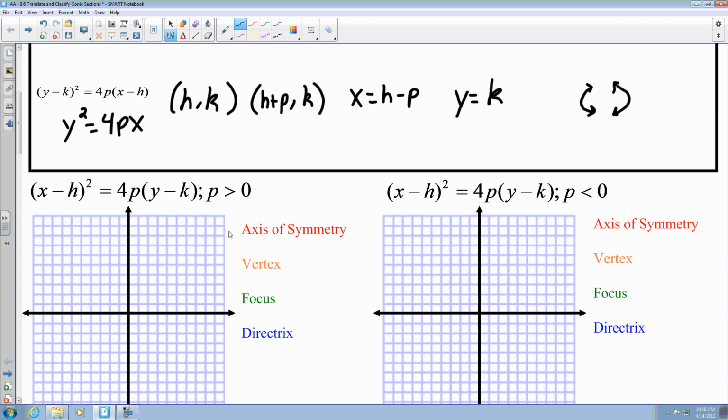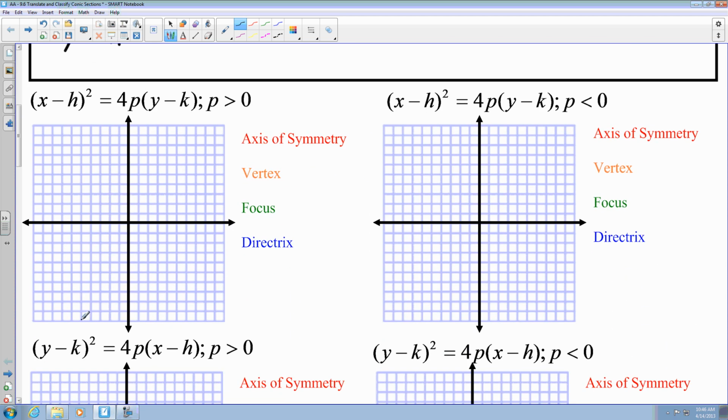And so if you were looking at these on the graph, say I positioned it here, it would look something like this. If this was at 1, 2, 3, 4, and then 1, 2, 3, the vertex is at 4, comma 3. So in this example it would be x minus 4 quantity squared equals 4p times y minus 3.